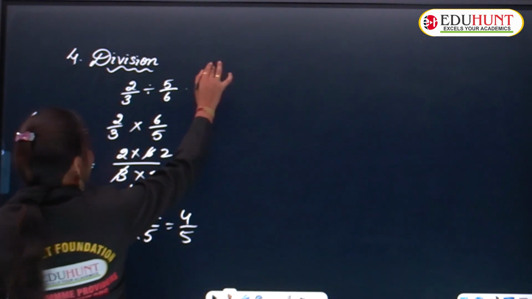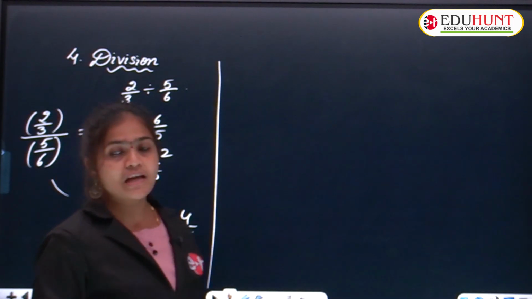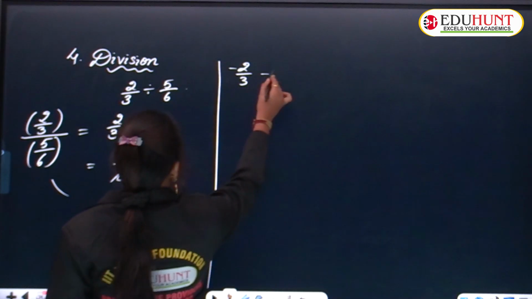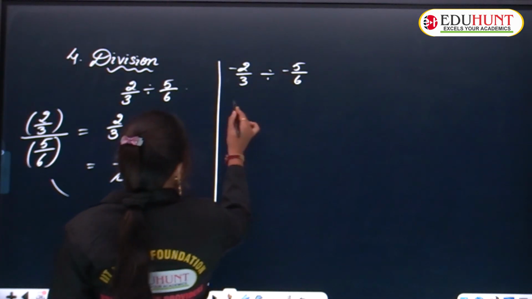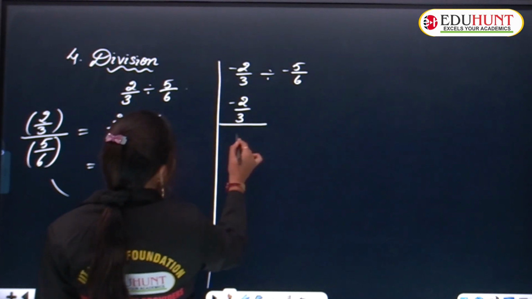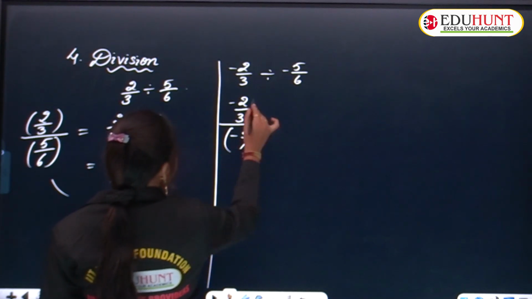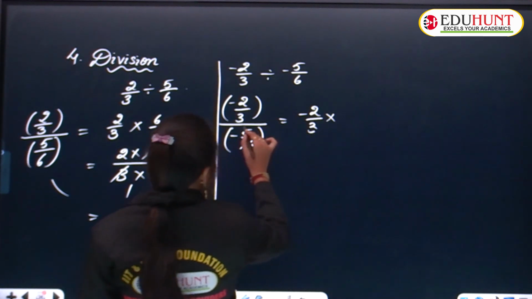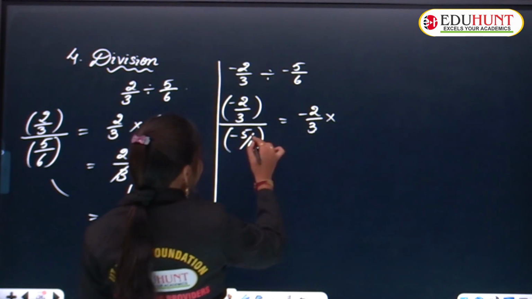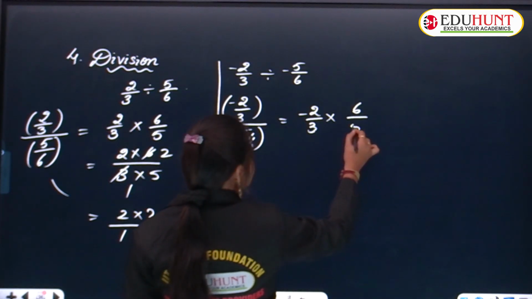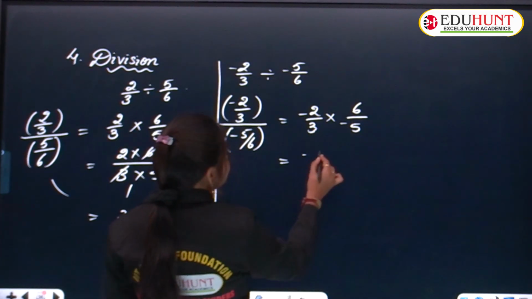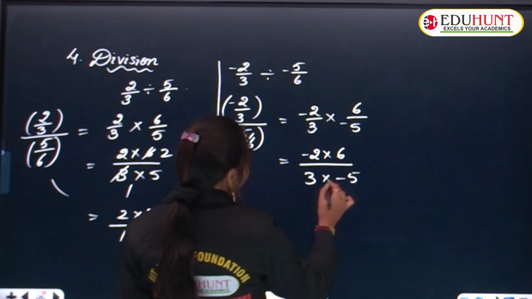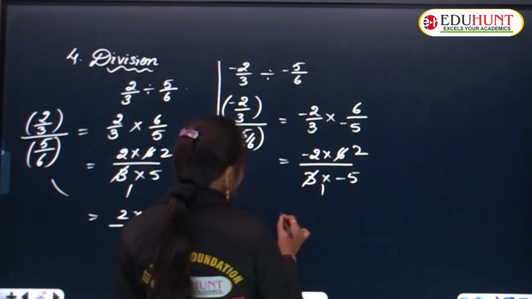Now the division of two negative rational numbers is also positive only, no? Now again apply the same condition for negative numbers. Then what will happen? Minus 2 by 3 whole by minus 5 by 6. Again same process, minus 2 by 3, and the division becomes multiplication, and the denominator fraction becomes a reciprocal and minus, which is minus 2 into 6 by 3 into minus 5. 3 ones, 3 twos.